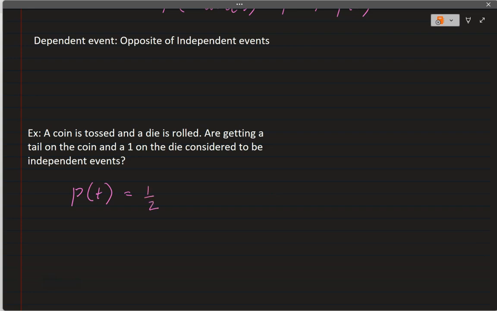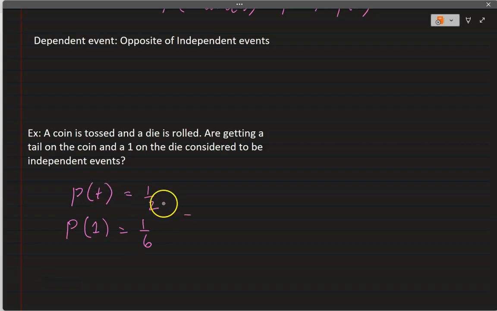Does this probability depend on rolling a die and getting a 1, which is 1 out of 6? No, it doesn't really matter what that is. It doesn't affect the probability of the first one.